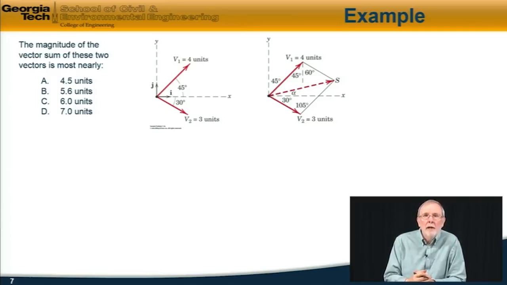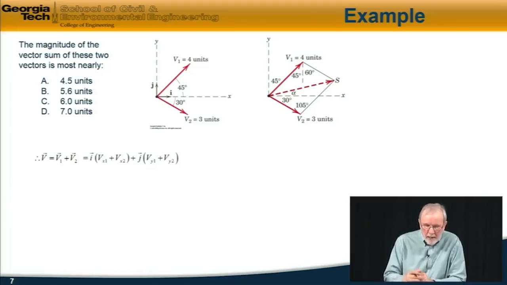And we can do this graphically by drawing these to scale and adding them up. But to do it arithmetically, here's our equation. V, the resultant, is v1 plus v2. And if I add the components separately, the x components of v1 and v2 and the y components of v1 and v2, I get this.